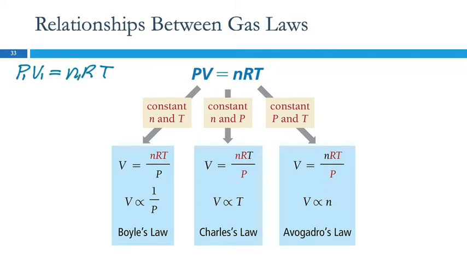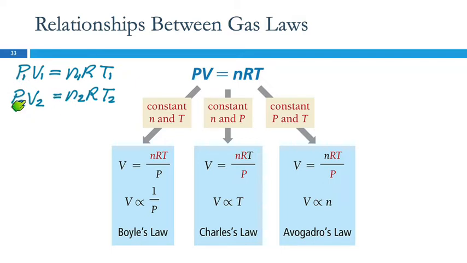R doesn't get a number because it's always the same. Under a different set of conditions, P2 times V2 is equal to n2 times R times T2. This is equal to this.